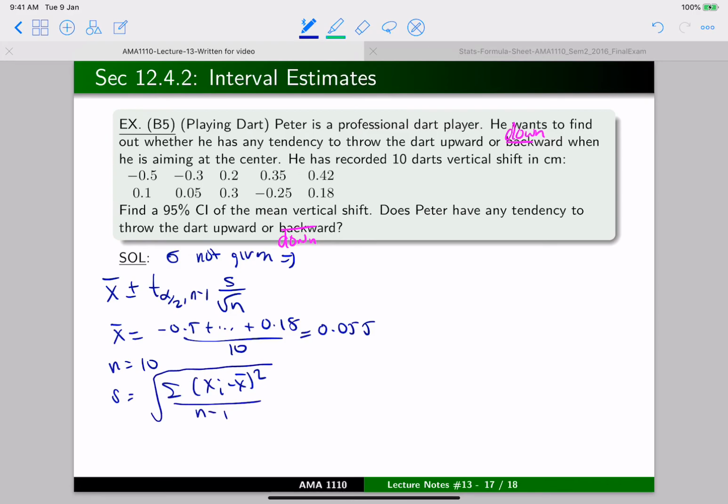Now let's just figure out the sample variance first. I'll just write down the first term as 0.5 minus the mean 0.055 squared, all the way up to the last term.